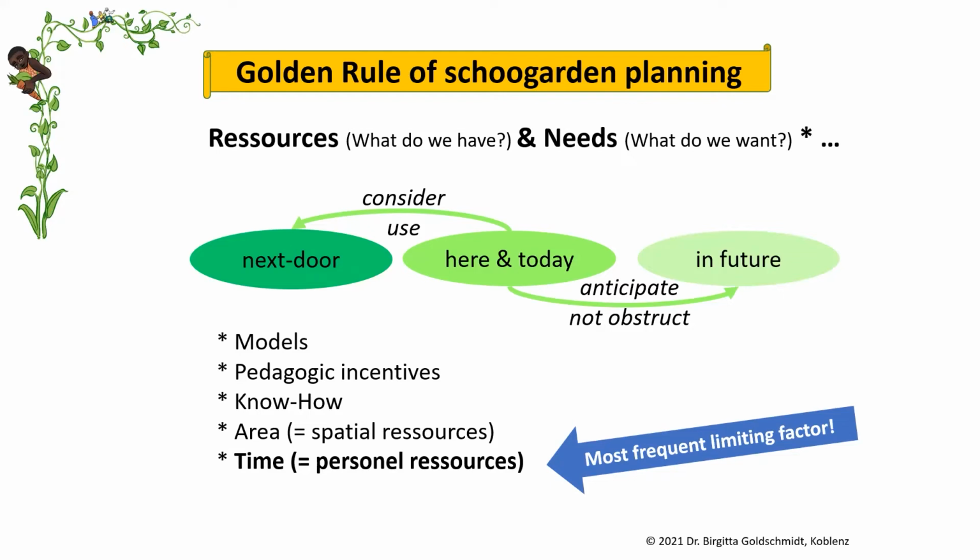If you have a large area where you can potentially make your garden, and you say, oh, now we can't do so much, so begin very small, but perhaps in the future you have more persons and more personal resources, and you can manage a greater area.